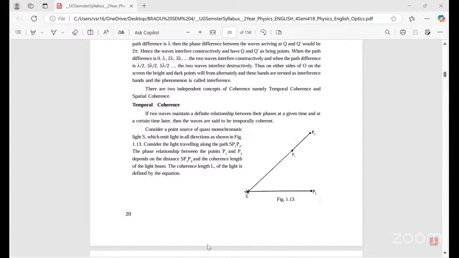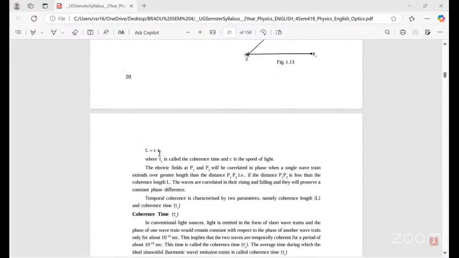Here the points P1 and P2 depend on the distance. This distance is the coherence length of the light, capital L, which is the speed of light into the time, c tau c.